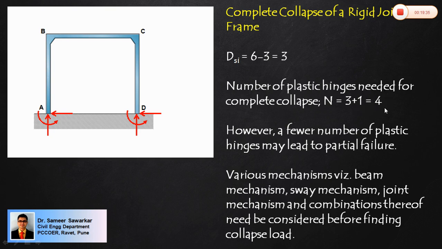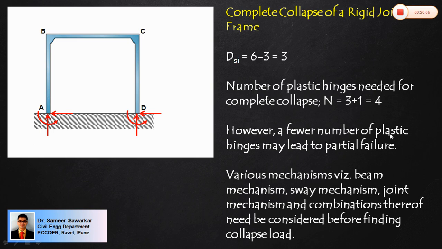So in the discussion that is going to be presented, you will find that whenever 4 plastic hinges have been formed, the frame is collapsing fully, and probably when 3 or 2 or 1 plastic hinges are formed, the frame doesn't collapse fully but very certainly partially, and even that is not desired. That is what we are writing here again.